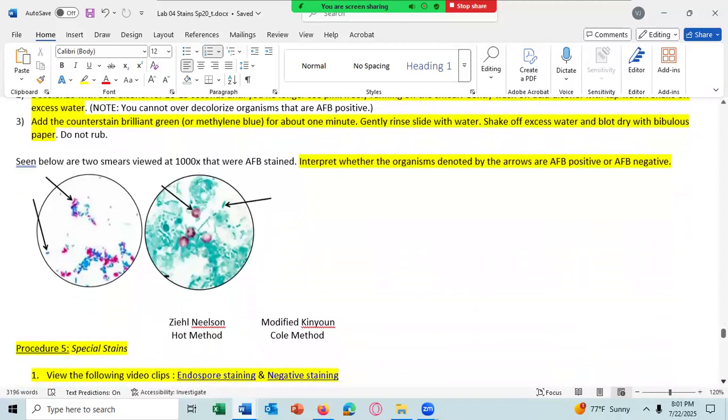Below are two smears viewed at 1000x power that were acid-fast bacteria stained. Interpret whether the organisms denoted by an arrow are acid-fast positive or acid-fast negative. So that one, state here if it's acid-fast positive or acid-fast negative. If you can't type it there, or you don't want to type it there, like actually I can't get there, I'm trying to get there, then just state in the Ziehl-Neelsen method, and for some reason this is off too.